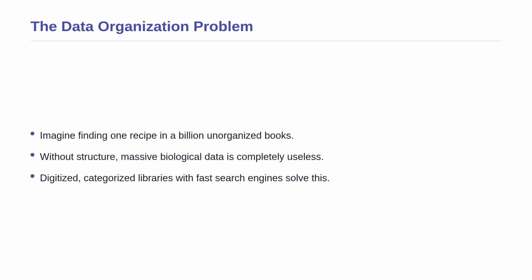We have sequenced millions of DNA strands and proteins over the last few decades. Without a structured, digitized way to store and search them, this massive mountain of data would be completely useless. Biological databases act as that lightning-fast search engine for the building blocks of life.